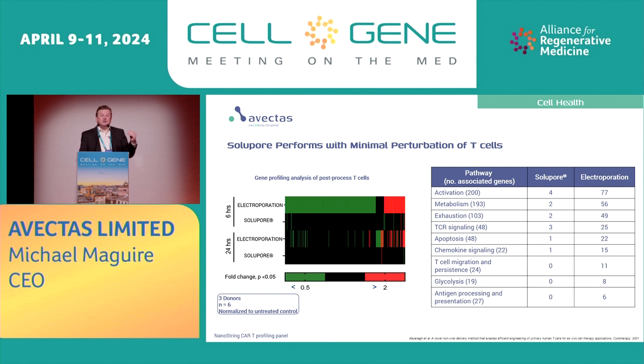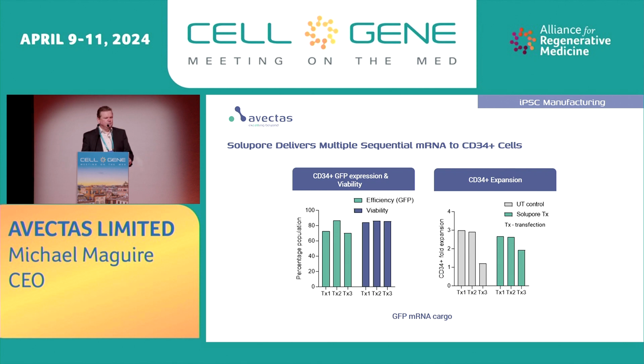And although the picture does settle down at 24 hours, in typical gene editing processes, the gene editing is completed at that stage. And what are the gene pathways which are up and down regulated? They're the ones which should be of interest to us concerning health and function. They are the pathways of activation, metabolism, exhaustion, and so forth, so of keen interest to therapeutic developers.